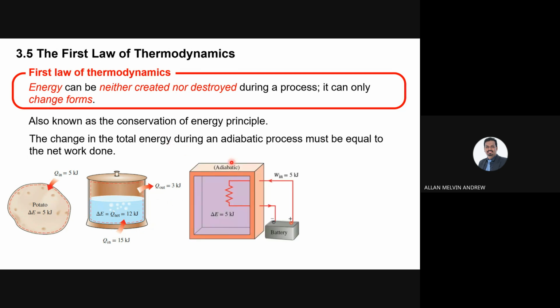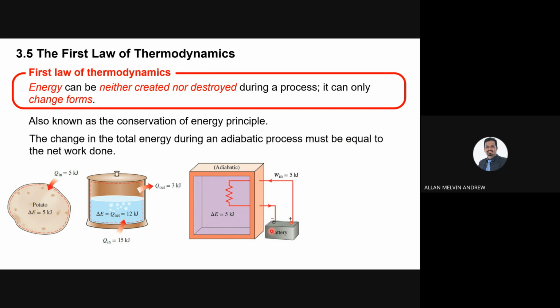This is an adiabatic process. For an adiabatic process, we will write it down here or it will be mentioned in the question, and we know that no heat transfer is happening. So the only form of energy transfer during the adiabatic process is the work done, the net work, or W net.